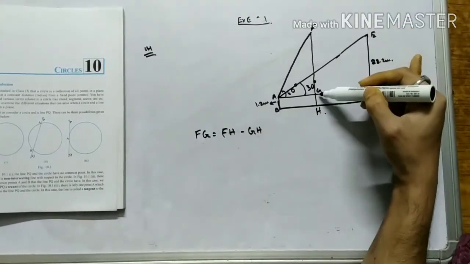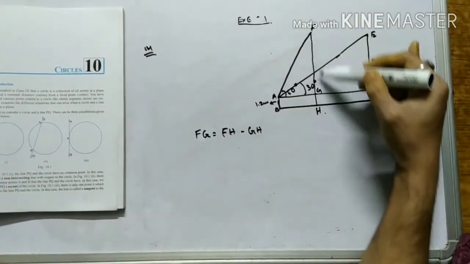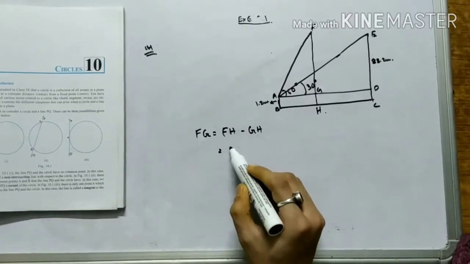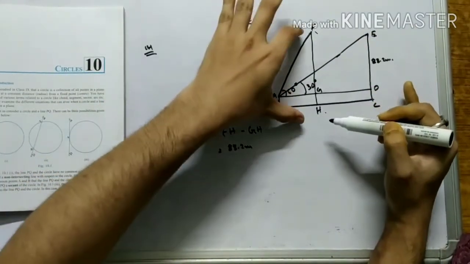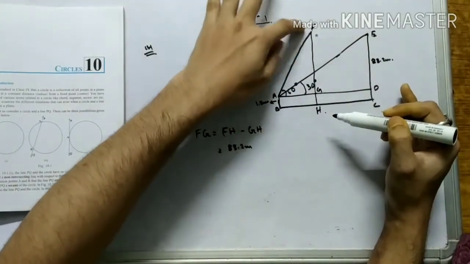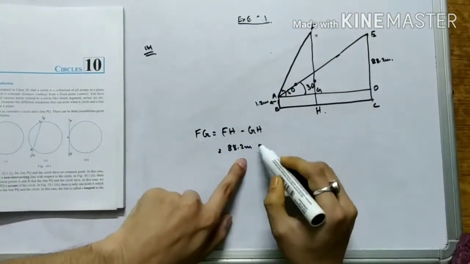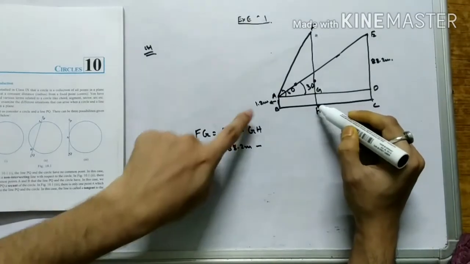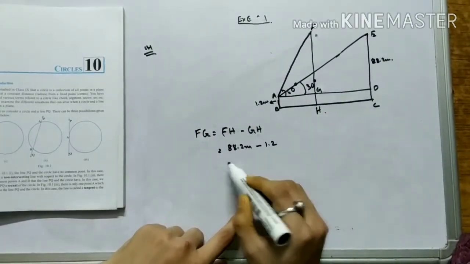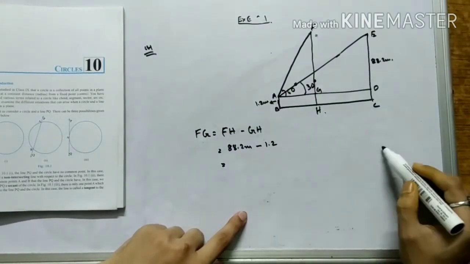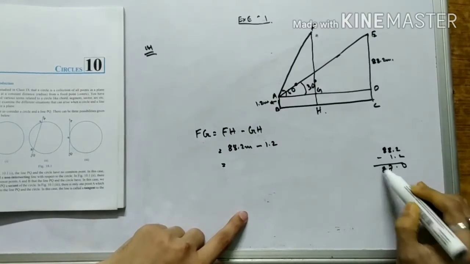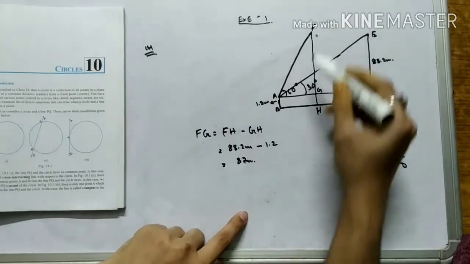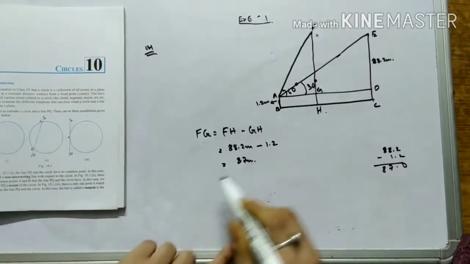FH is 88.2 meter, the height of the balloon above the ground, minus GH, the height of the girl, which is 1.2. So 88.2 minus 1.2, you will get 87 meter. FG is 87 meter.